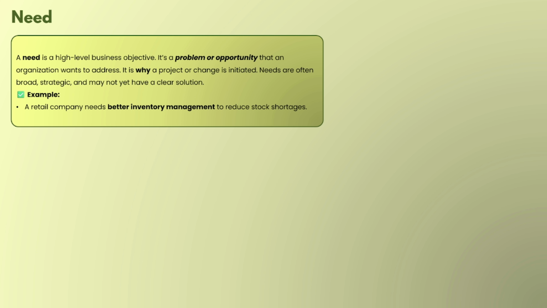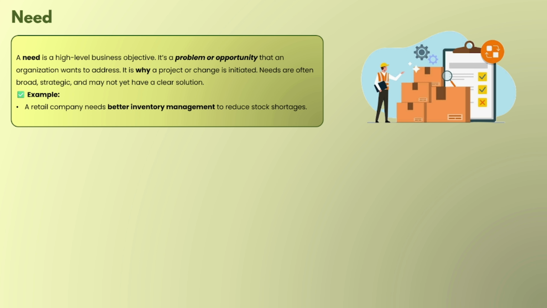Let's check an example to get a clear meaning of need. A retail company needs better inventory management to reduce stock shortages. Let us consider a scenario during the festive season where an online retail app runs out of a particular brand of clothing.